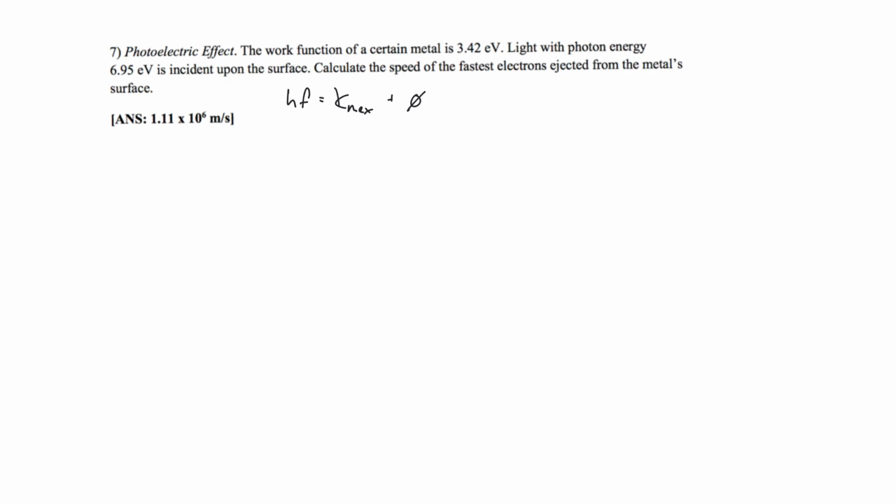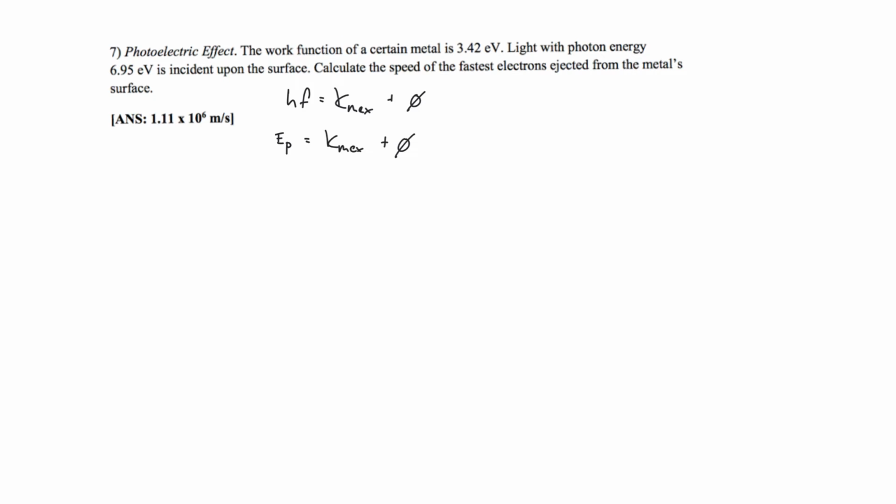So we give you hf, which is the energy of a photon. Energy of a photon, or hf, equals K max, which is the maximum kinetic energy of the ejected electron, plus phi, which is the work function of the material.